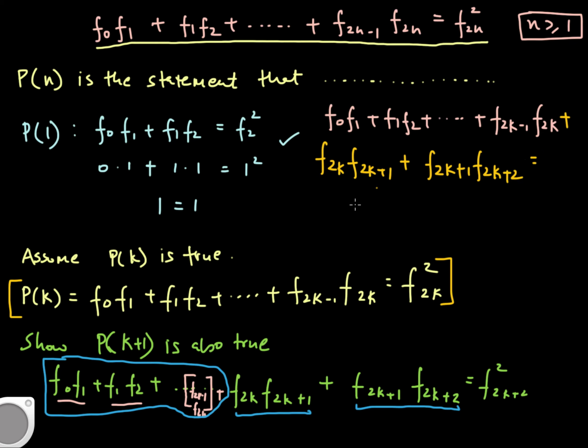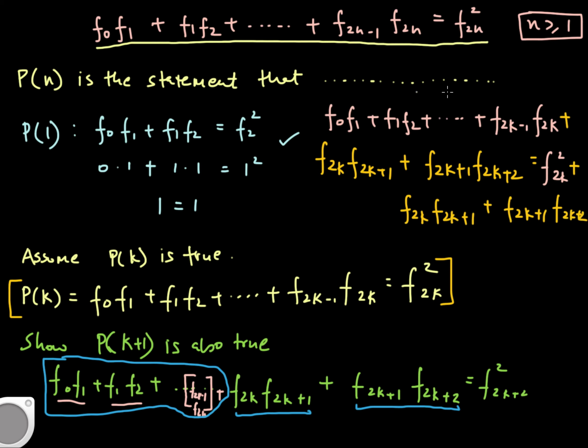equal to, well, this p of k was equal to f of 2k square. So this is coming back f of 2k square. And because I added everything in yellow over here to the left-hand side, I must balance it off. So I'm going to add everything back on the right-hand side, which is going to be the same thing, f of 2k plus 1 plus f of 2k plus 1 times f of 2k plus 2.